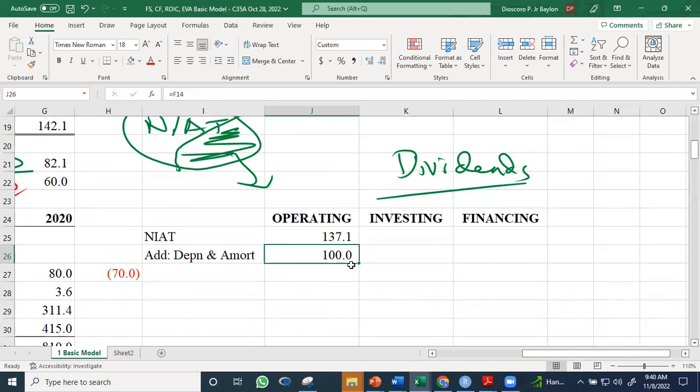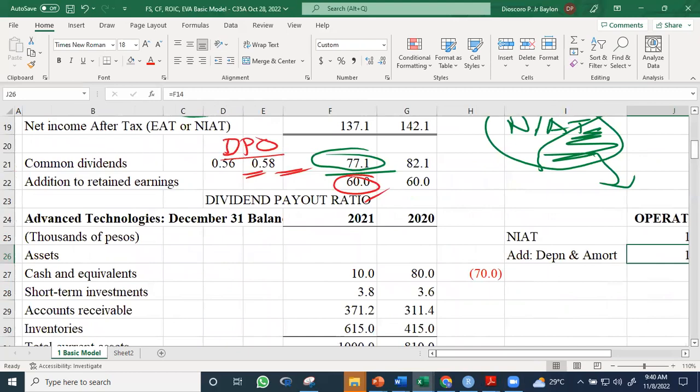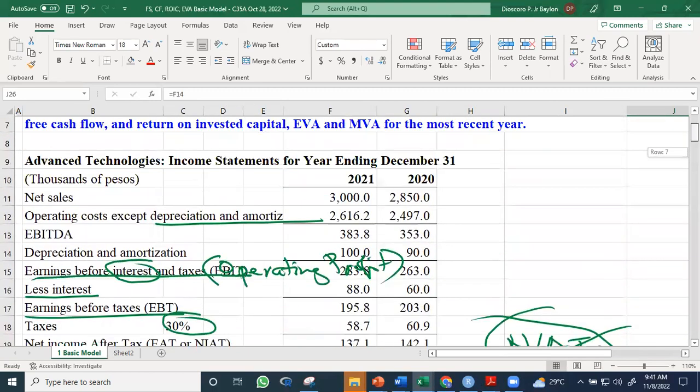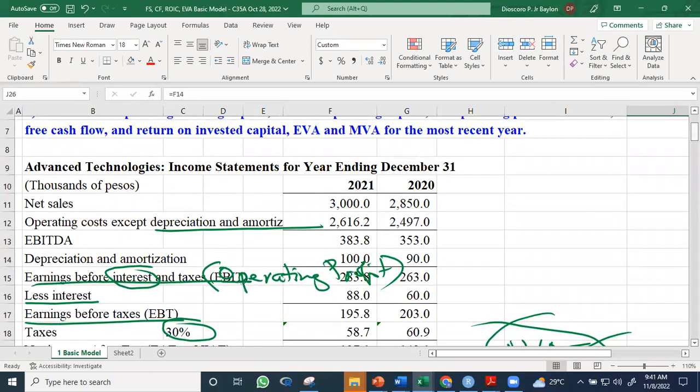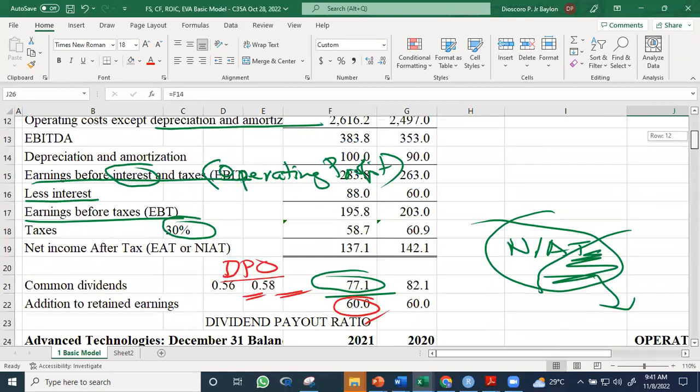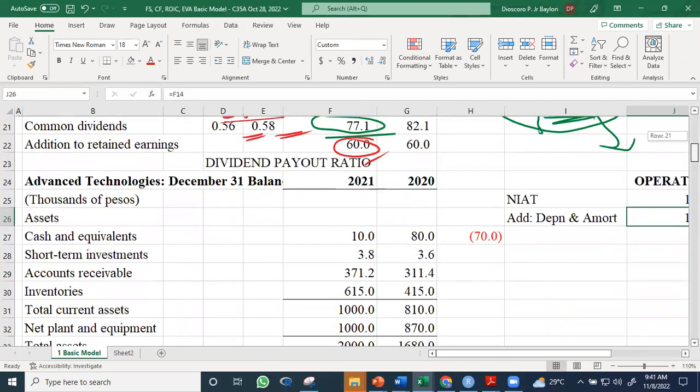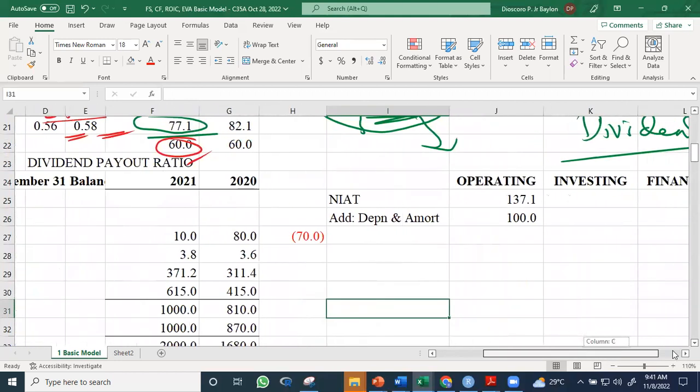If there was a revenue that was added that was non-cash, then that should be subtracted this time. But we don't have that in our case. There's no non-cash revenue here. So we're not subtracting anything from the net income after tax. All right, so I hope so far we're clear about this.